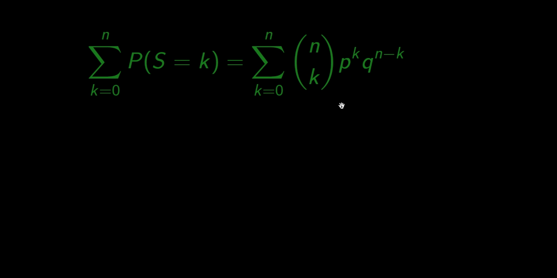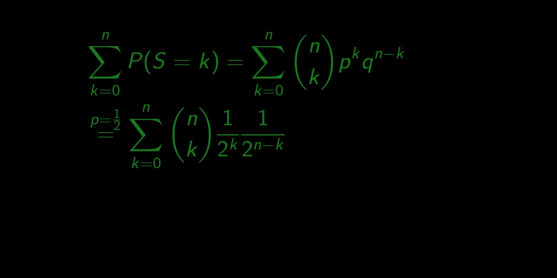Let's maybe start with the case p equal to 1/2. If we substitute for p and q, which is also equal to 1/2, we see that the power of 2 adds up to n. K plus n minus k equals n. So it's no longer dependent on k, and we can take it out of this sum.